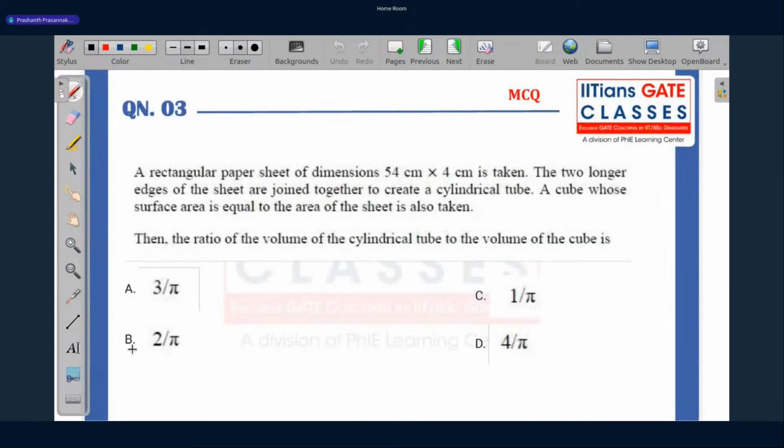Okay, this one is a little more tricky. An MCQ type question. We have a rectangular paper sheet of dimensions 54 centimeter cross 4 centimeter. The two longer edges of the sheet are joined together to create a cylindrical tube. So let's do this much first.